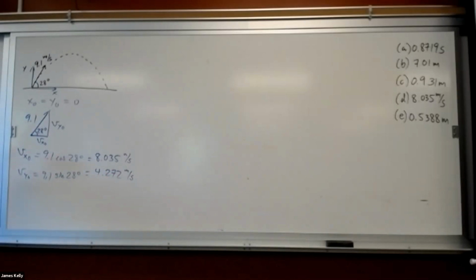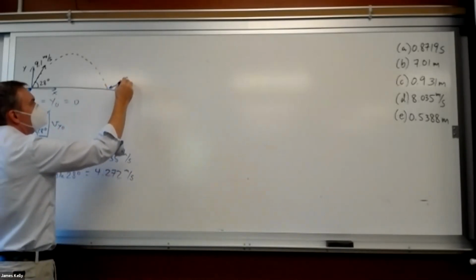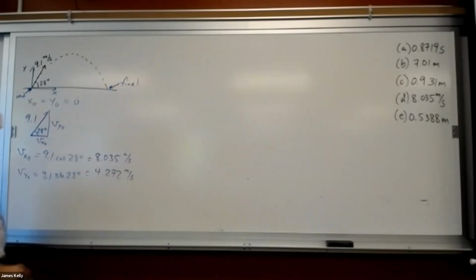All right, so I know my AX is 0, AY is minus 9.8, so we're ready to start going. What we want in A is T for initial being here, and final being here, just before it hits the ground and just after it leaves the ground. So those are my initial and final.